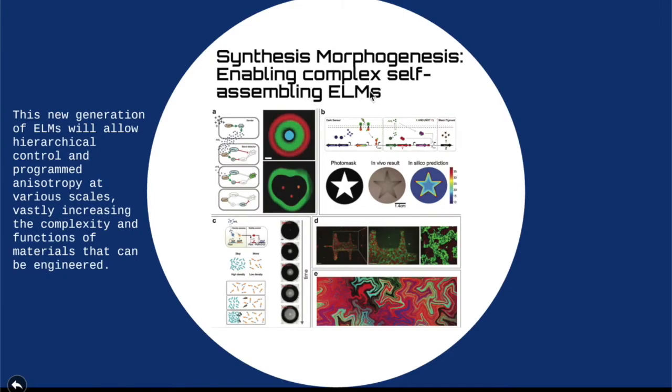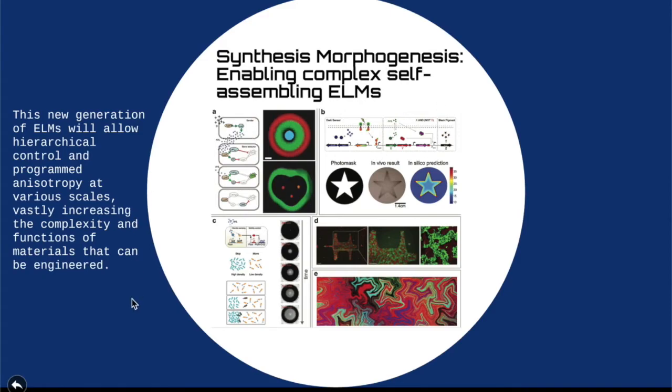And this is the new one. It's quite complex. It's quite difficult to understand from this picture, actually. So this is the synthetic morphogenesis. We are enabling the complex self-assembly for the ALMs. So if we want to control and program at various scales, we can do that if we design or program at the very beginning, when the cells are having the morphogenesis.